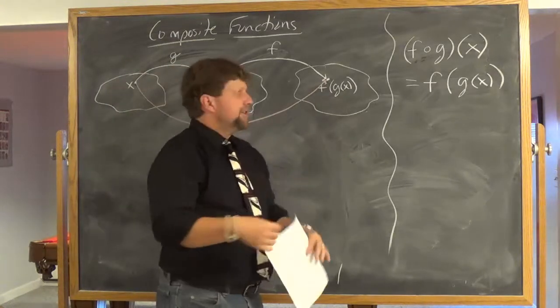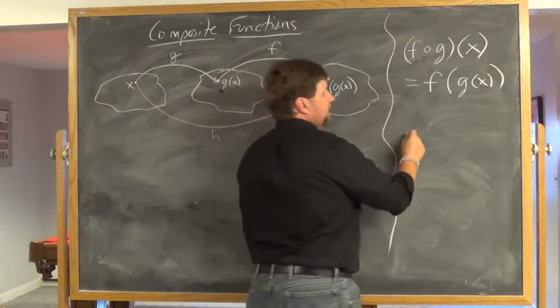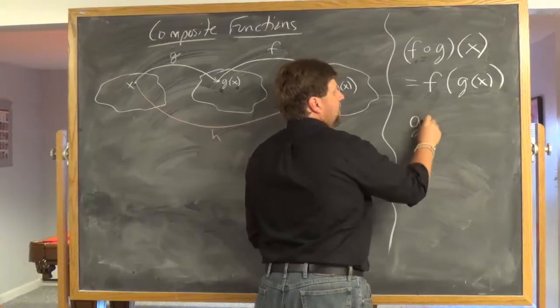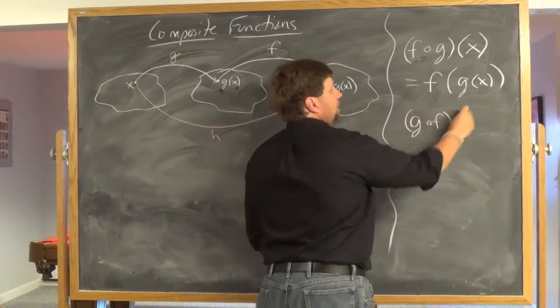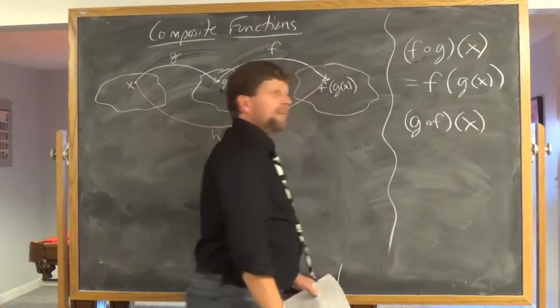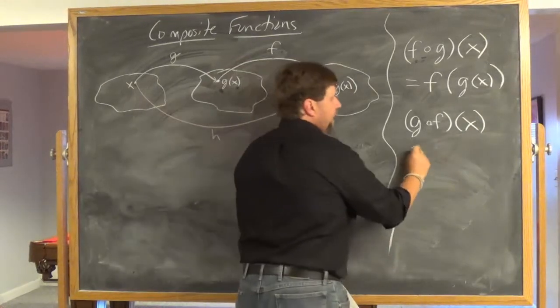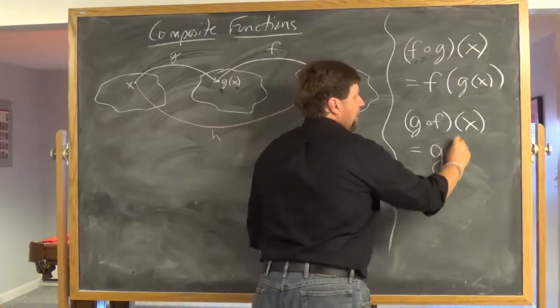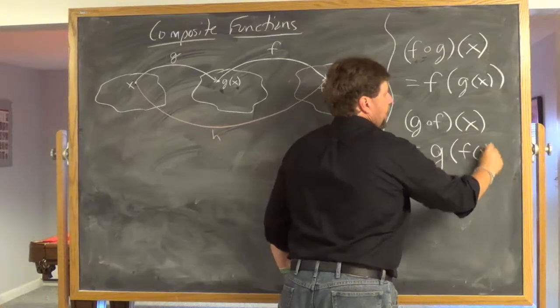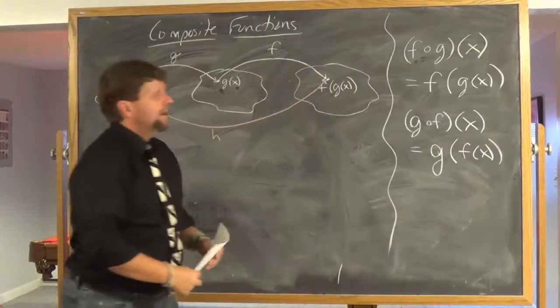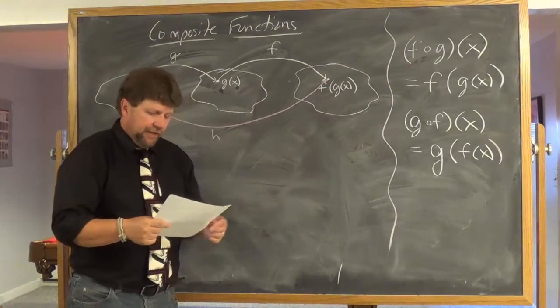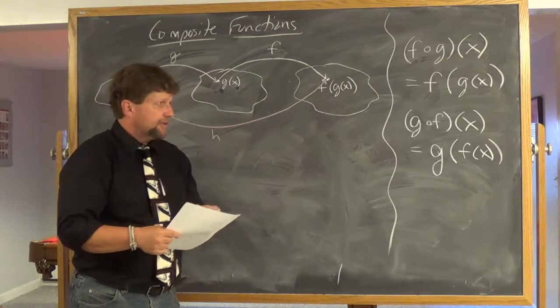The other type of composition you could do instead of fog is, well, gof: g composed with f of x. And you rewrite that as g of f of x. So those are the two definitions on how you do composition of functions.